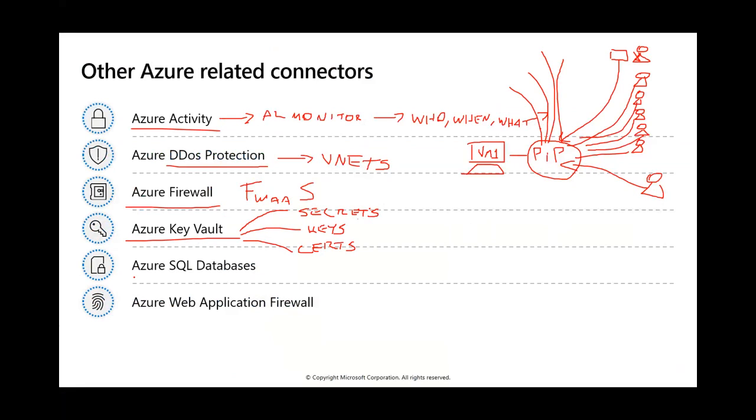Other forms of connectors that we can use is Azure SQL databases. This is a relational database that operates in the platform as a service model, or a database as a service, a PaaS service.